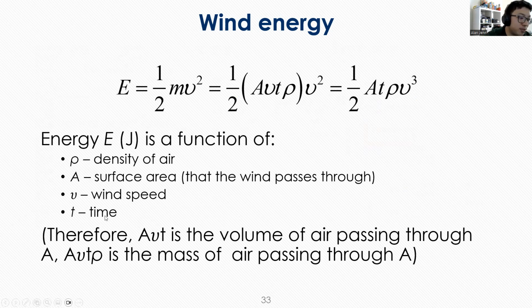And times time as well, because you need to know how much air actually flows through. And so that's the wind energy equation. And if we wanted the power, you just divide by time, which would cancel out the t term here. And so you have power equal to 1/2 area times rho times V cubed.